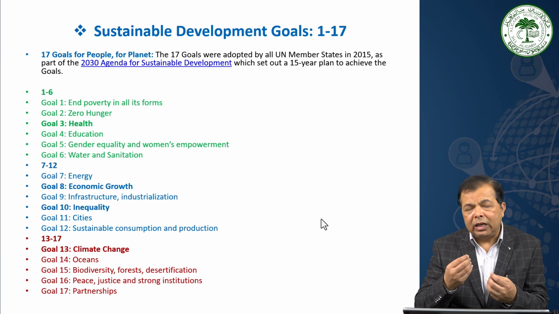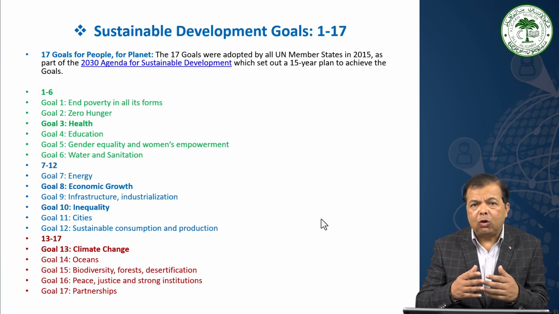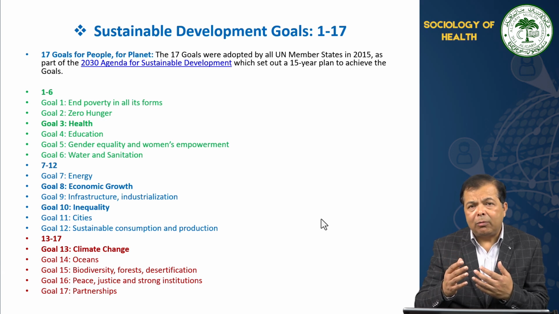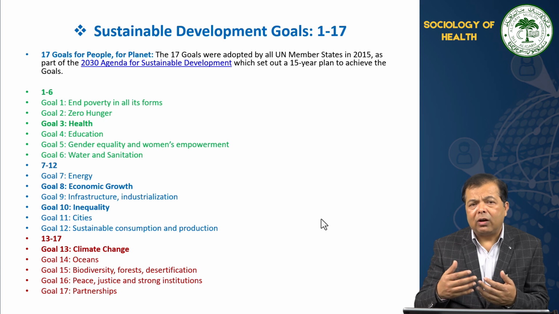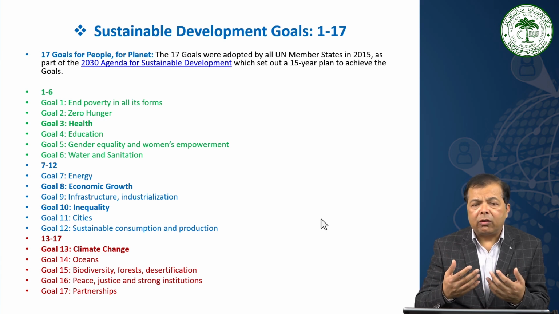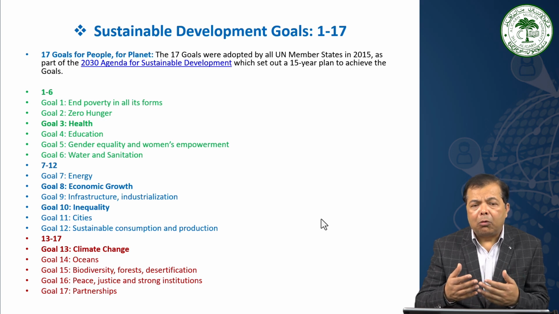And because of the inclusion of two very important things, on one side economic growth and on the second side minimizing inequality, we can say that this set of goals tries to include the economic development model as well as the social development model, because it's talking about economic growth as well as minimizing inequality, that is social development. So the first six goals focus on human development. Then the next goals talk about economic as well as social models of development.